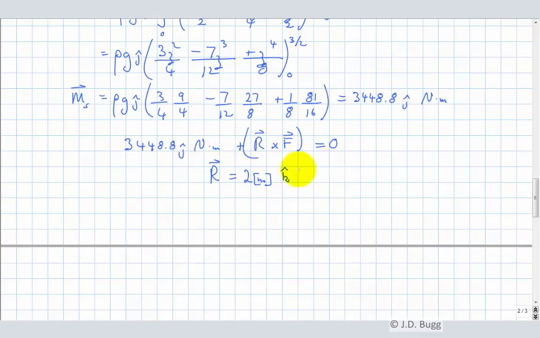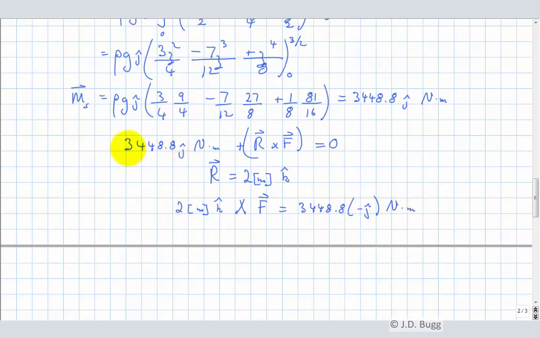So we'll rewrite this equation, substituting that in. So we have 2 meters in the k direction crossed with F is equal to, bring this over to this side, 3448.8 minus j Newton meters.